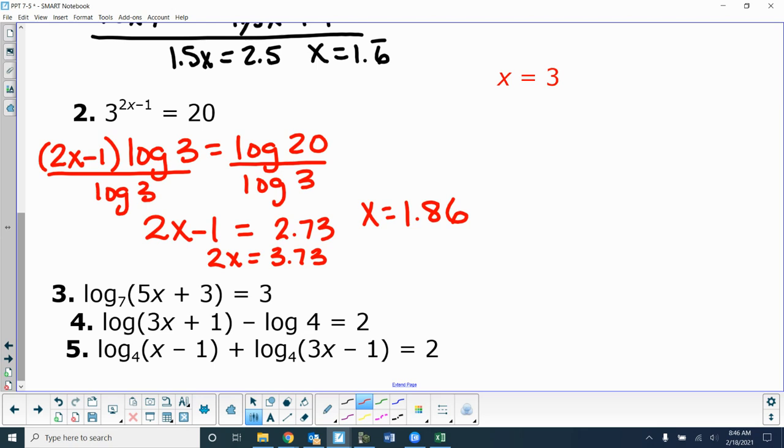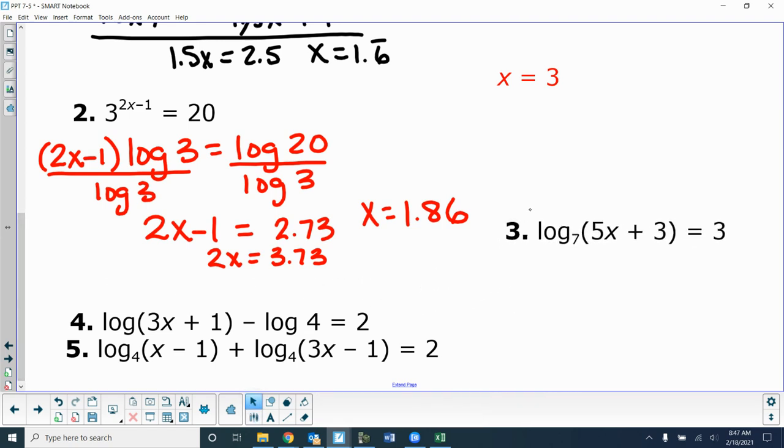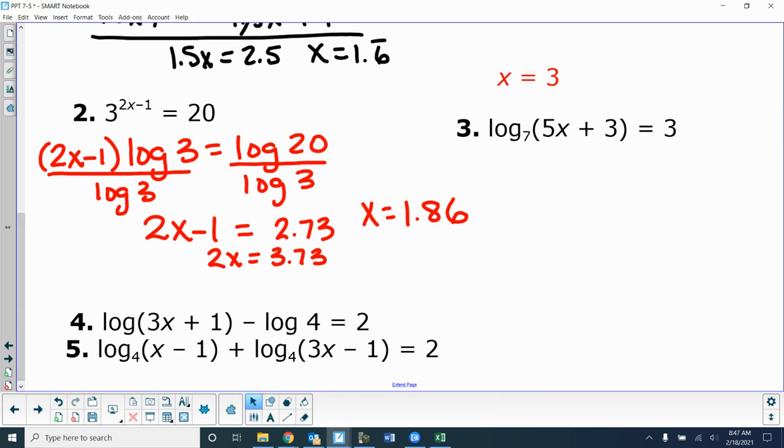All right, now, the other ones are already log problems, okay? So we have to write it as an exponential. What's the base for the exponent? 7. What's the exponent? 3. What's it equal? 5x plus 3, right?